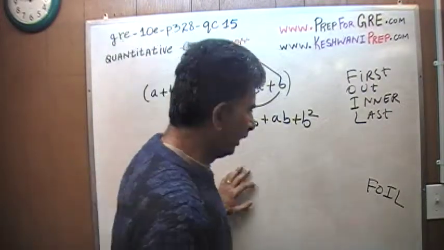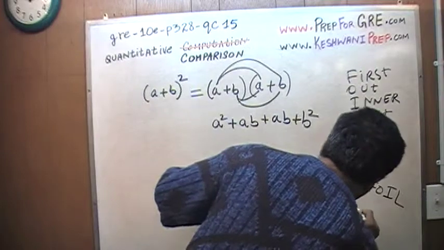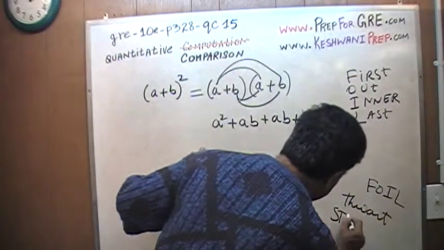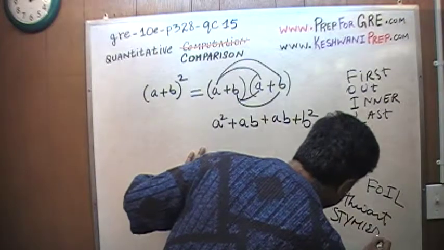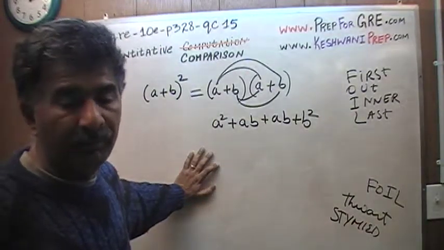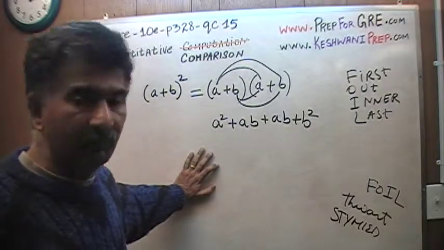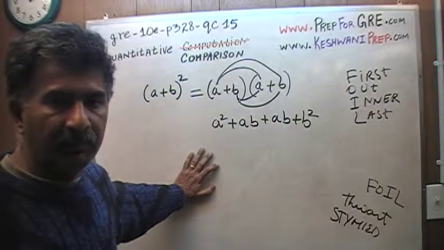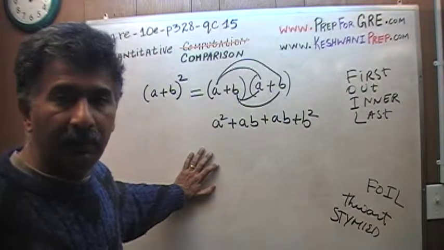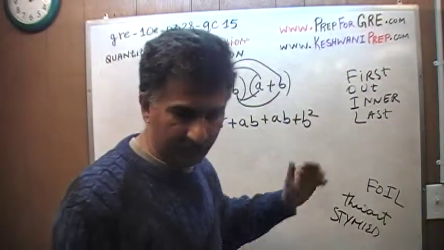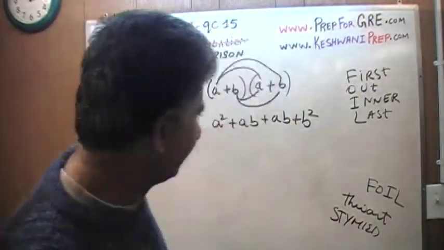Foil means to thwart, to be stymied, to fail in whatever it is that you're doing, to have trouble with whatever it is that you're doing. That's what foil means. And that's why I was being funny here, because sometimes some people do not know exactly how to foil, and therefore they foil in their endeavor to foil. Get it? Anyway, enough of the fun.